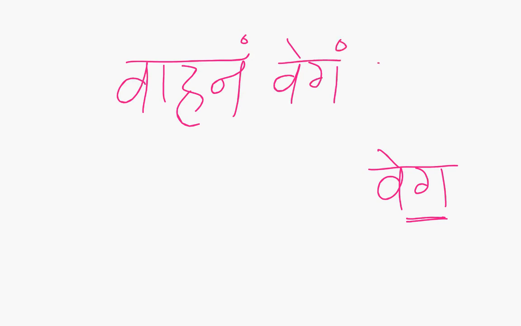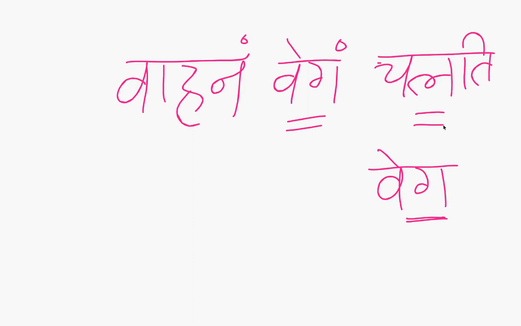This is one way, because vegam chalati. Let's say, balakaha vahanam vegam chalati. Because we want to say speedily, vega, we want to apply it to this chalati. Because we are not describing the vehicle here, we are describing the action, kriya visheshana.